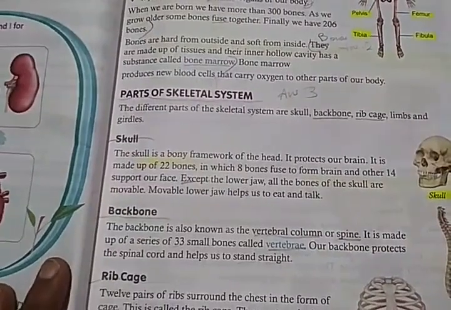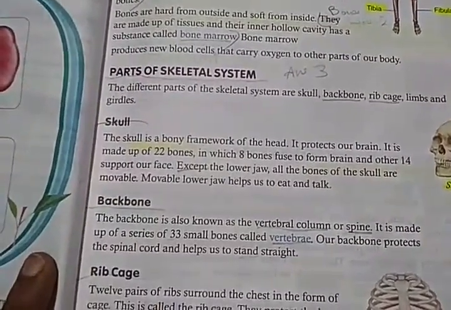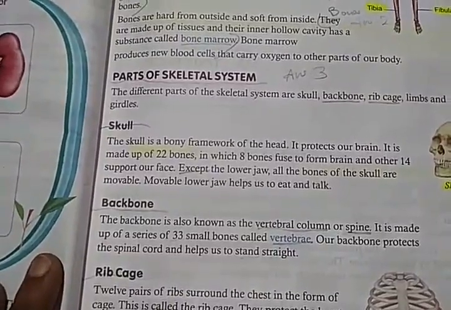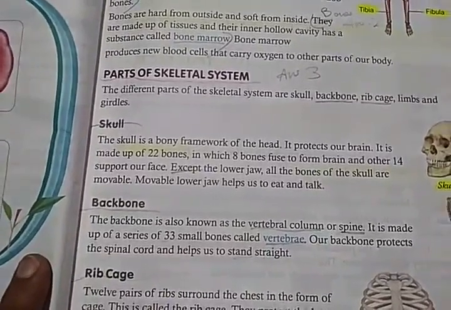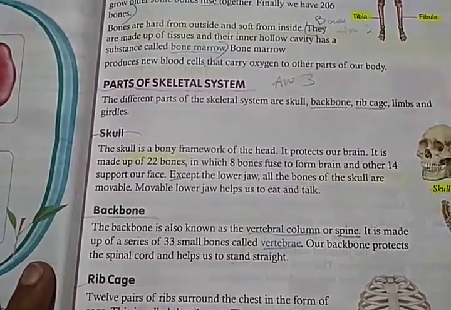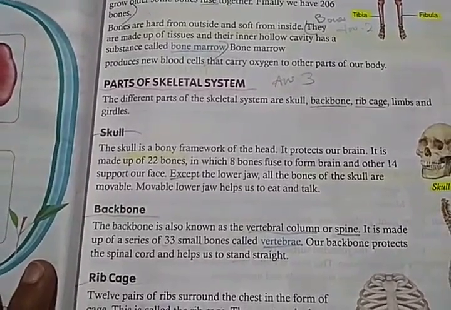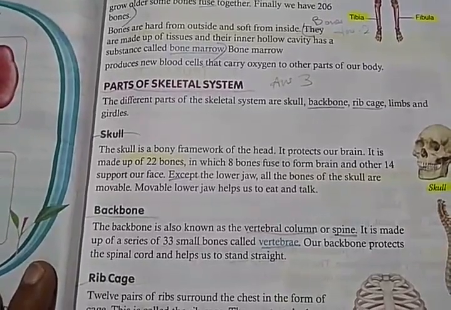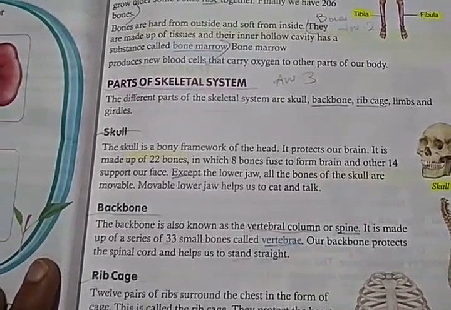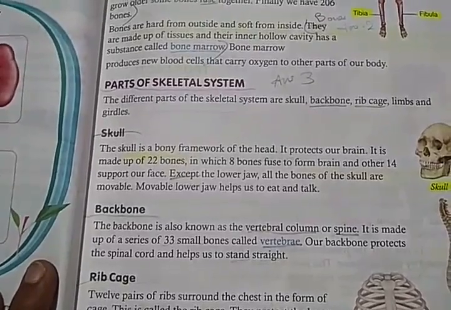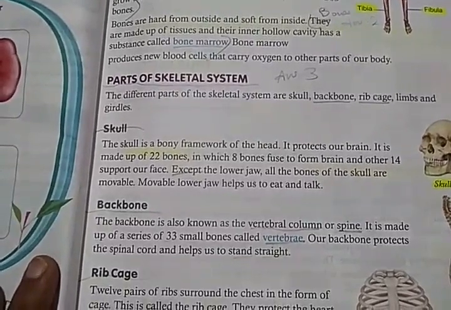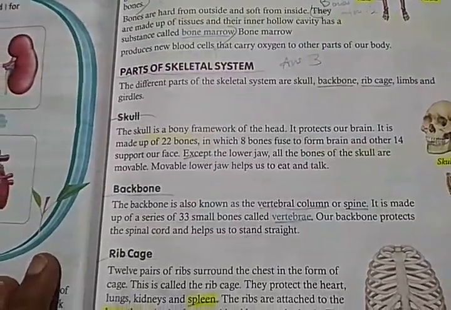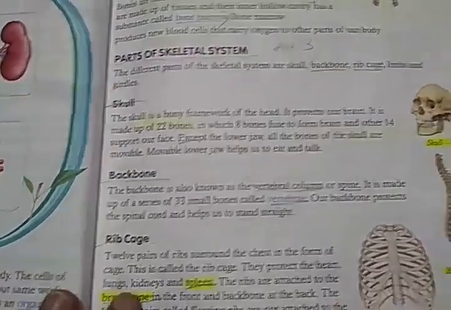There are 22 bones in our skull, in which 8 bones are fused to form the brain, and the remaining 14 support our face. The lower jaw is movable, but the upper jaw is not movable, and that's why the lower jaw helps us to eat and talk.